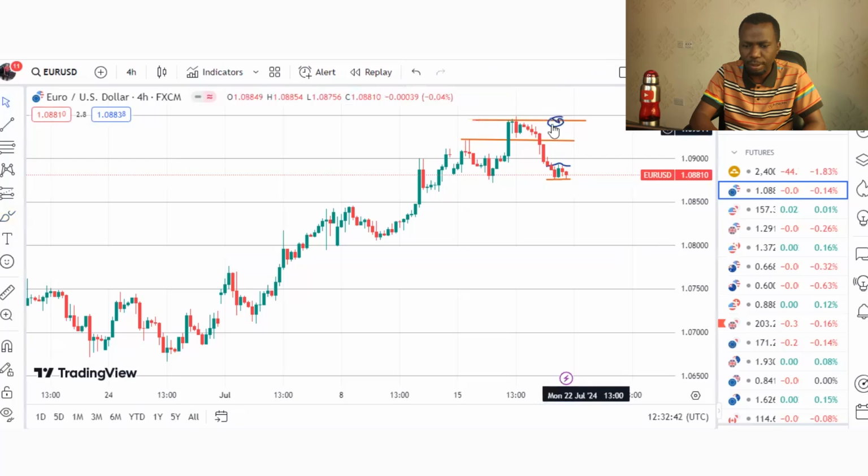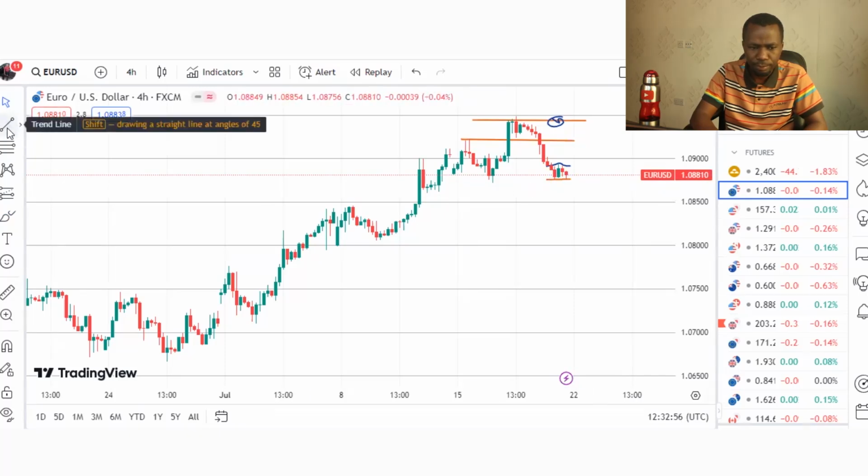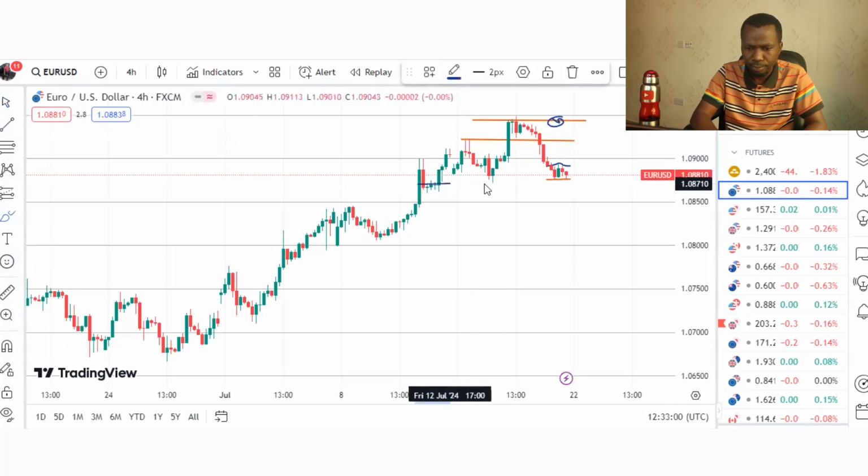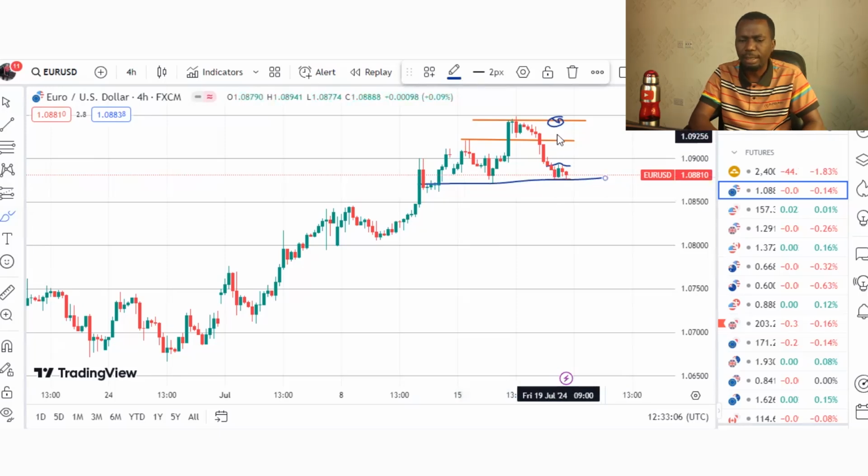This level becomes the strongest key level because this level is identified at the higher time frame. So now this one becomes a strong key level, because this level was identified at a higher time frame, right?